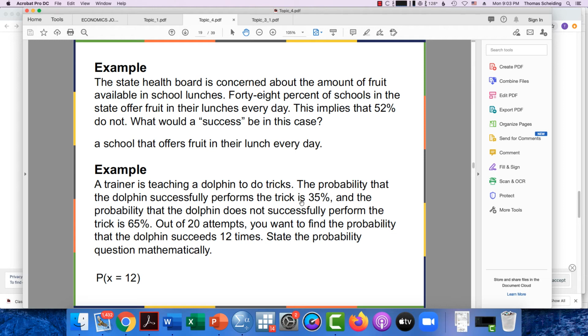Trainer, another example. Trainer teaching a dolphin to do tricks. So dolphin successfully performs the trick 35% of the time, does not successfully perform the trick 65% of the time. Out of 20 attempts, we want to know what's the probability that they succeed 12 times. So this would be a way of saying what's the probability if success now equals 12 times.